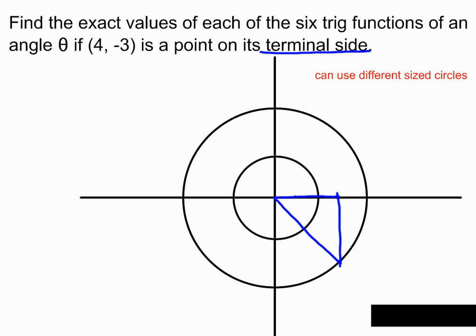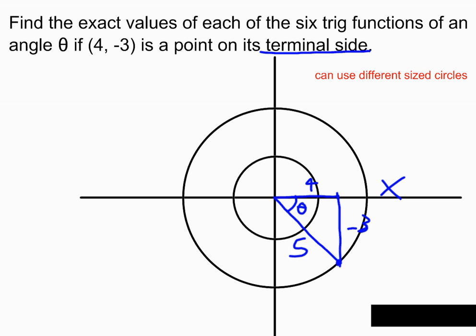I can draw my theta here to my x-axis, and I know that my x parameter is 4, my y is negative 3. Well, this is a nice Pythagorean triple. You can go ahead and do the math, but you can see that a 4, 3 triangle, I know my hypotenuse must be 5. Hence, we're 5 radius away from our origin.